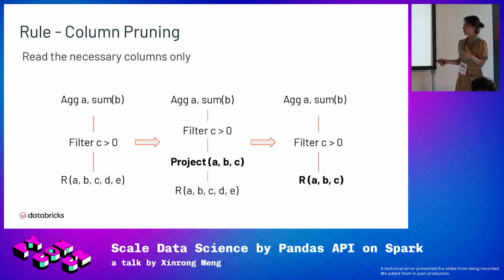And we notice that only 3 columns are actively used, that is A, B, and C. So column pruning ensures that only these 3 columns are read. It inserts a projection between the filter and the table scan.